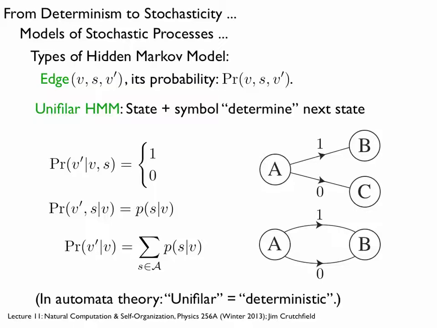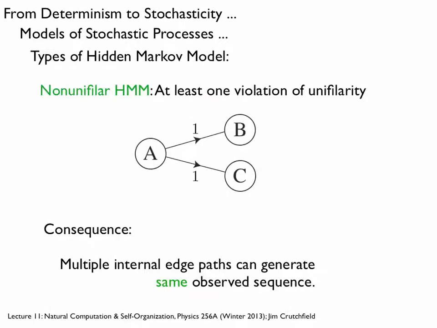So this is actually letting us deal a little bit with this ambiguity that I introduced just before, between observing a symbol and the possible many, many internal state sequences that could have produced it. Unifilarity constrains that. And I'll give some examples. Just to drive the point home, of course, there are other models, non-unifilar, that don't have that property.